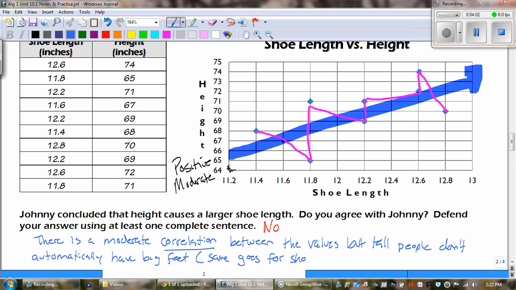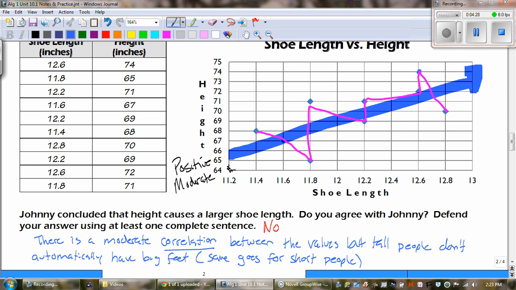Okay? Just because you're short doesn't mean your shoes are going to be small. Okay? So that's what he was trying to conclude, and it just doesn't say that. Now, since there's a positive moderate correlation, bigger people tend to have larger shoe sizes. But that is not certain. Okay, that's why there's only a moderate correlation to that.